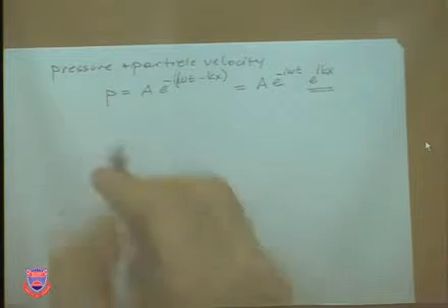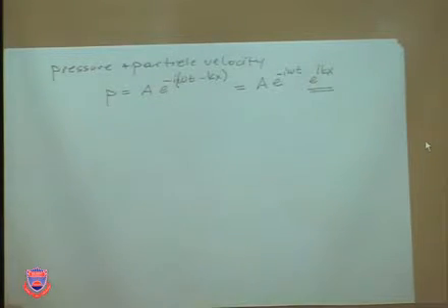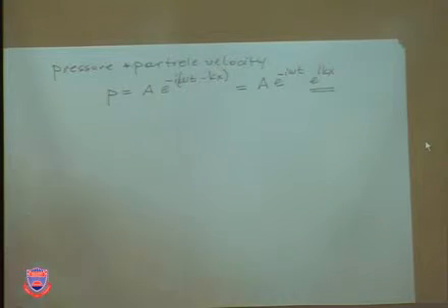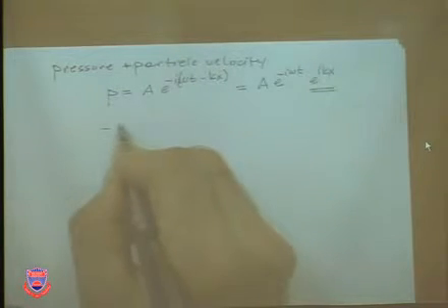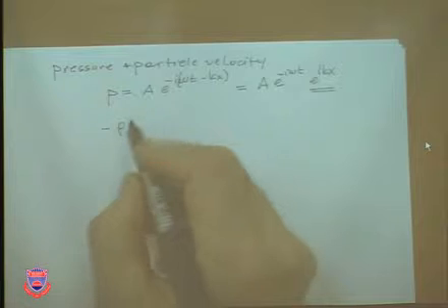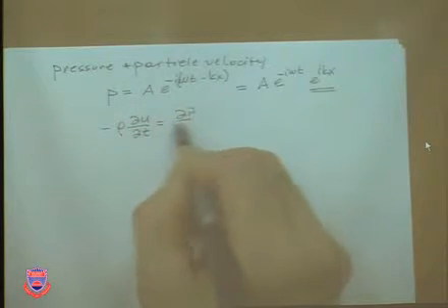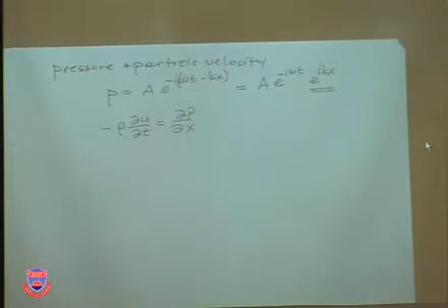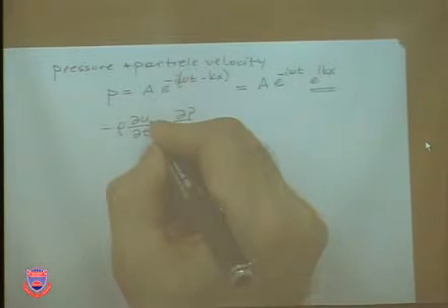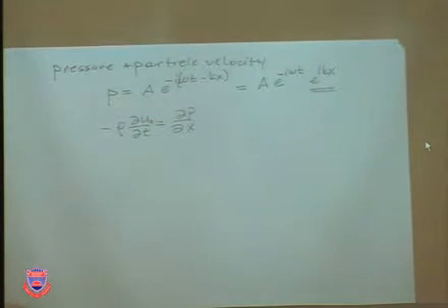Now, the particle velocity was related to the pressure through acceleration, right? If you remember, rho times del u over del t was equal to del p over del x, meaning the gradient of pressure in one dimension is equal to the density times the acceleration of particle velocity in the same direction.